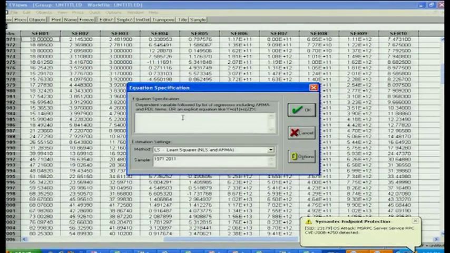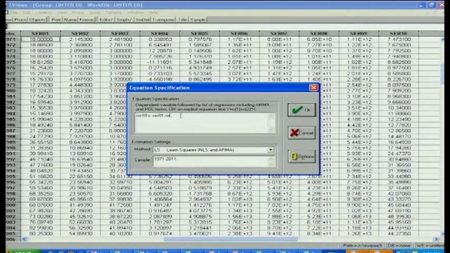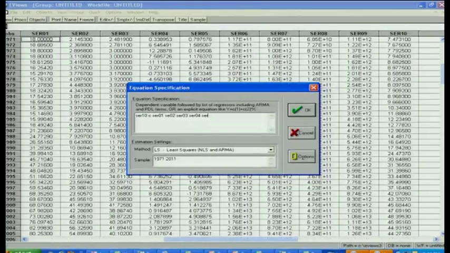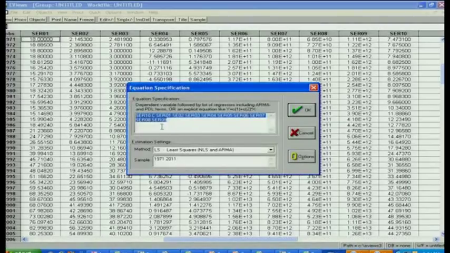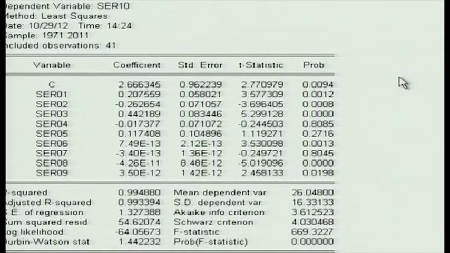So we will apply least squares, SER 10, C for the constant. Okay, so that is the OLS results that I get.